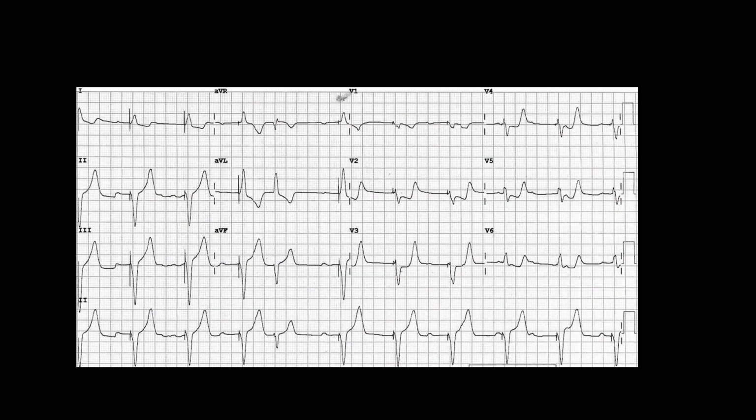Okay, take a look at this one, pause it if you need, so you can really scan it. Looking at those ST segments, I see the pacer spikes followed by a wide QRS, so this is a ventricular paced rhythm. I'm scanning it, and I see QRS complexes that are pointed downwards in V2, V3, V4, and V5. The ST segment is going with the QRS. Well, that doesn't make any sense.